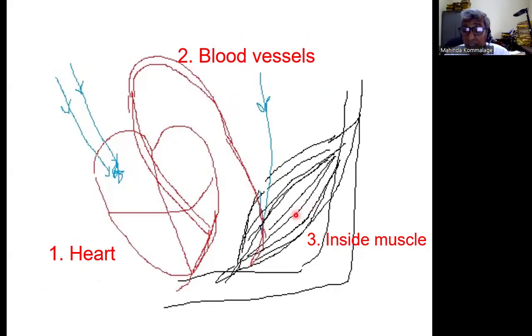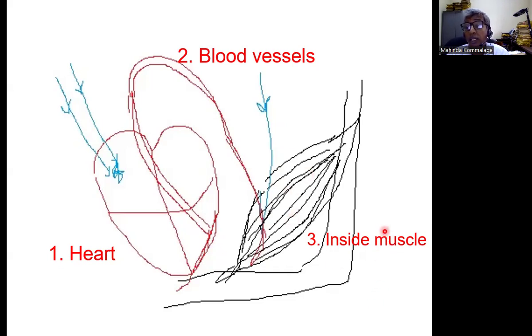Then inside any tissue, in this case muscle, local blood flow also can be regulated. But that regulation is purely local. Externally, we cannot control it. This tissue level regulation is, up to an extent, local.